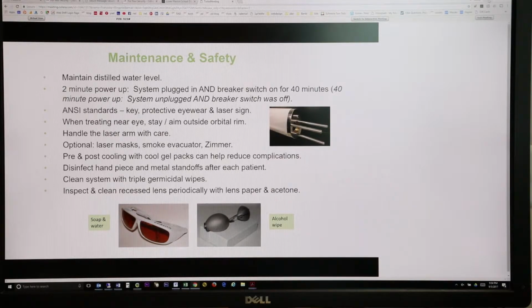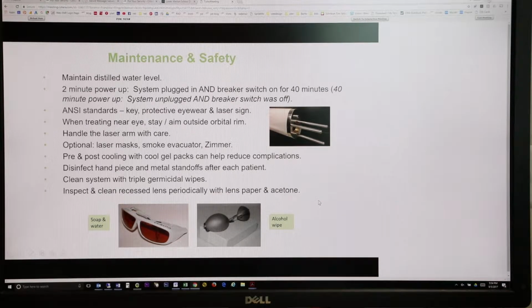We recommend laser masks, and even though laser tattoo removal nowadays doesn't input a lot of heat, the patient generates heat from the injury, so we recommend using cooling mechanisms before, as anesthesia, and after, to prevent any overheating of the patient's skin.